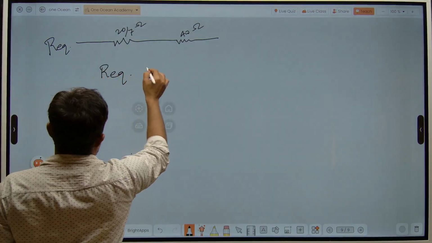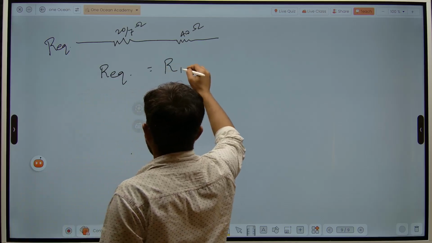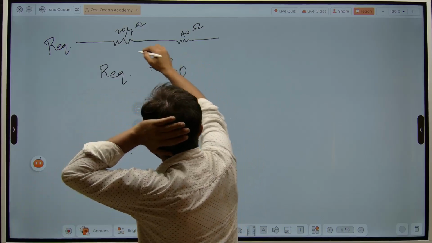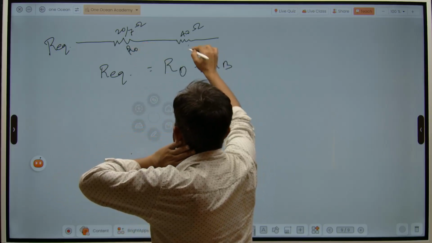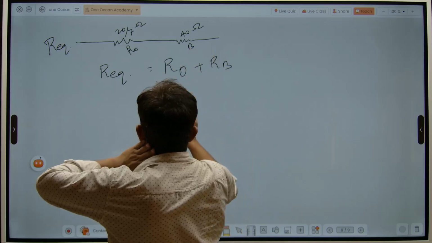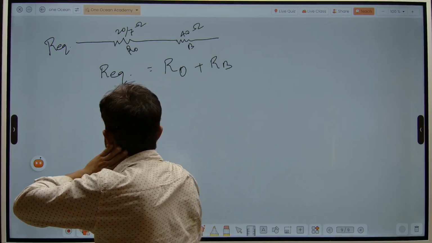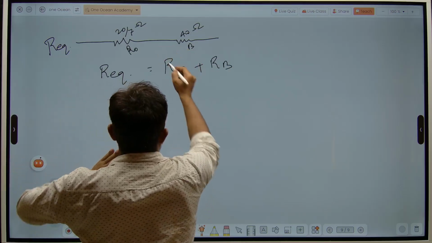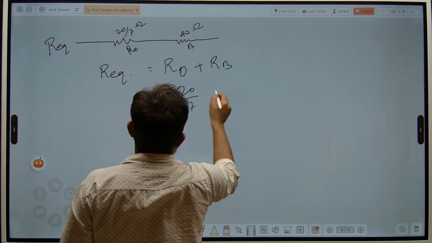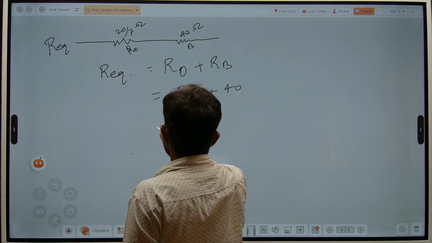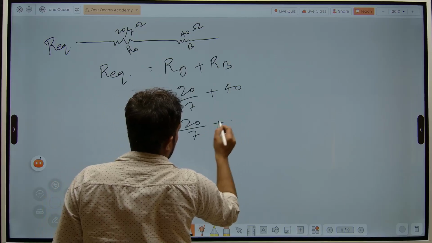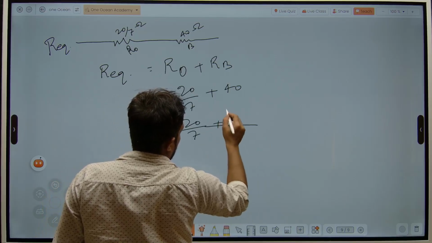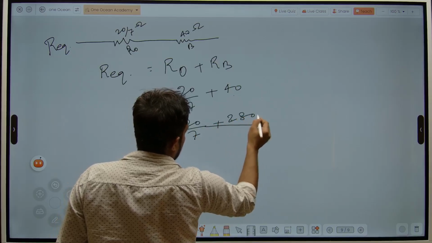R1, R2, R3, or let us say RA plus RB. So, RA plus RB is equal to 20 upon 7 plus 40. That becomes 20 plus 280 upon 7, that means 300 upon 7 ohm.